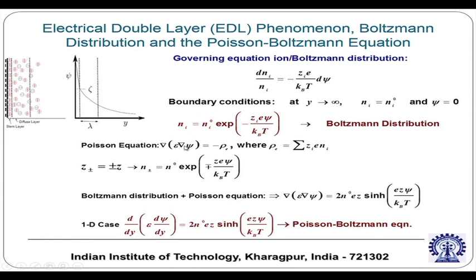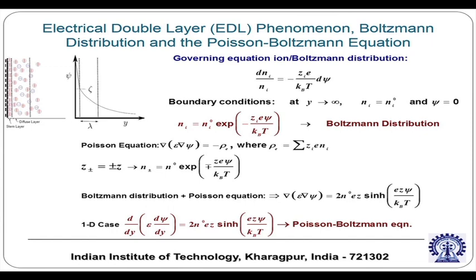See, one very important thing that you should keep in mind, that the Boltzmann equation has a lot of assumptions, we had discussed about that. The Poisson equation does not have any assumption because it follows directly from the Gauss law, right. It is basically, if you start with the integral form, it is a differential form of the Gauss law which can be derived by using the divergence theorem in association with the integral form of the Gauss law.